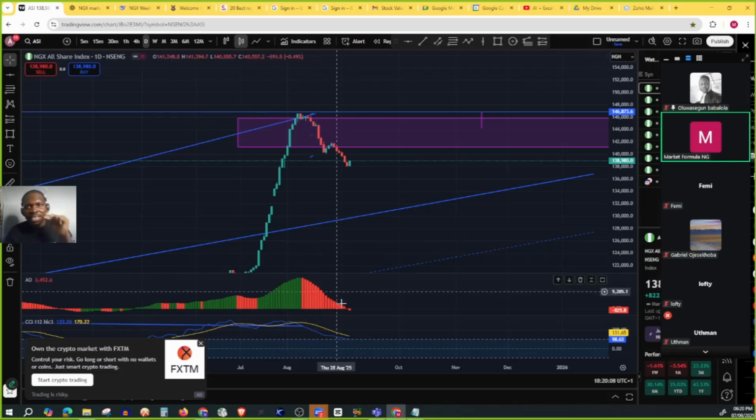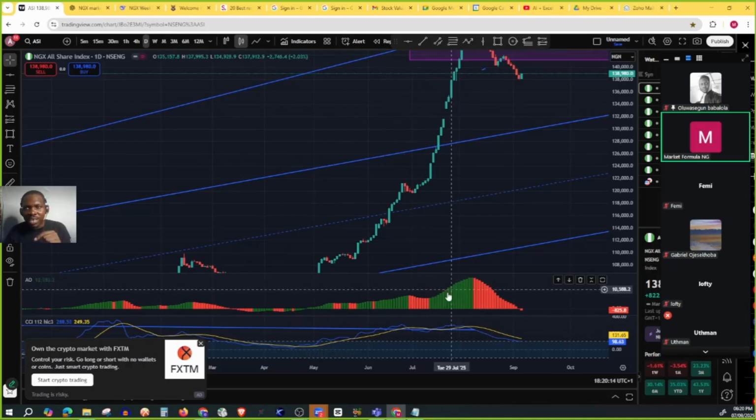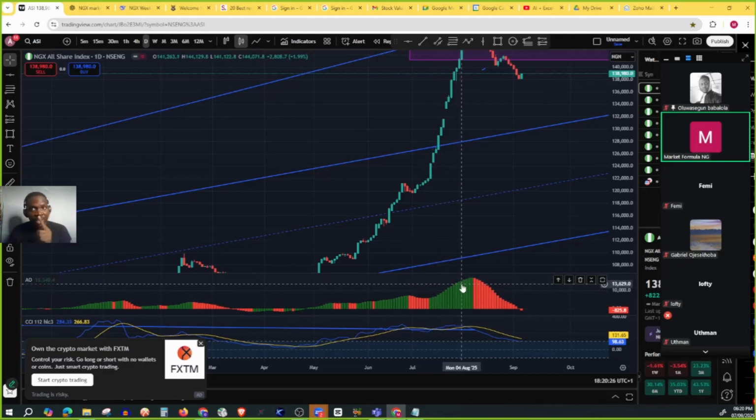I want to buy on the negative side of the awesome oscillator. Look at it. When the market was here, I could buy there, but I don't buy there. You can buy there, but I don't. It's more like the market is already established, which is also another strategy.